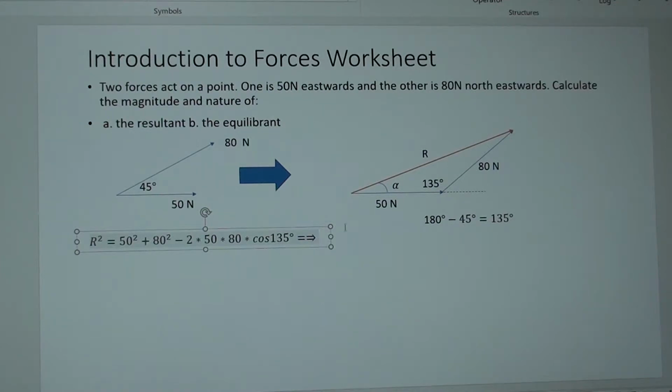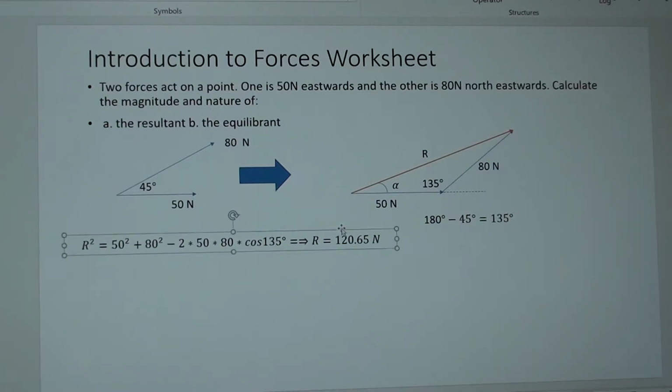Then you find the R value, if you're using your calculator, it will be equal to 120.65 newtons. Please always remember to write the units. Very, very important to have your units. So that's the value of R. Remember, to solve R, you need to take the square root of 50 square plus 80 square minus 2 times 50 times 80 times cosine 135.